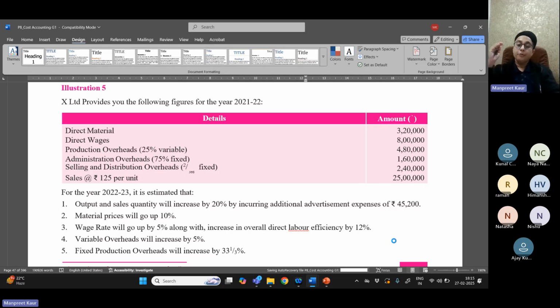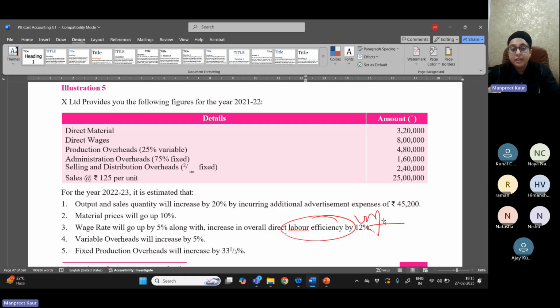If labor efficiency increases, then cost decreases. Keep this in mind. That is very, very important.